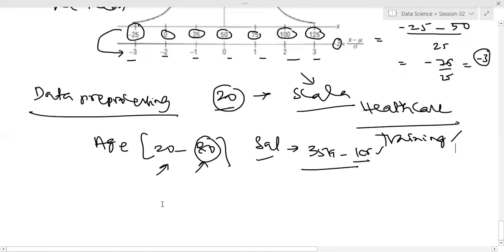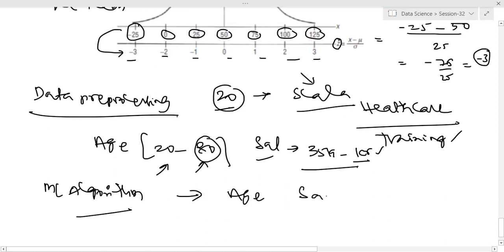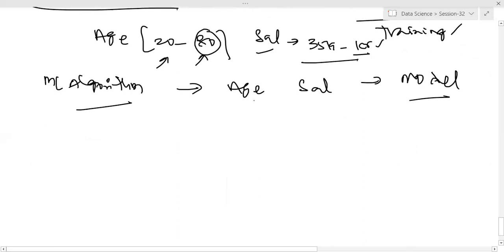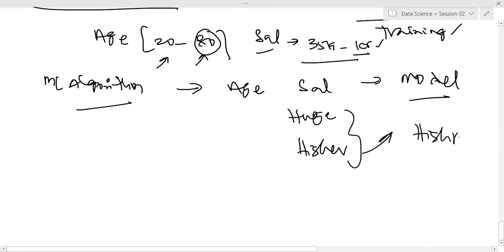Now, what is the problem with machine learning algorithms? We are giving age as well as the payout to our model. What this model thinks is, if huge values or higher values are there, maybe it has high priority.